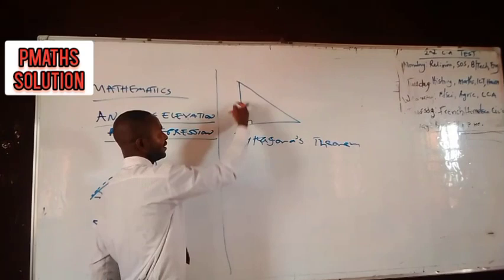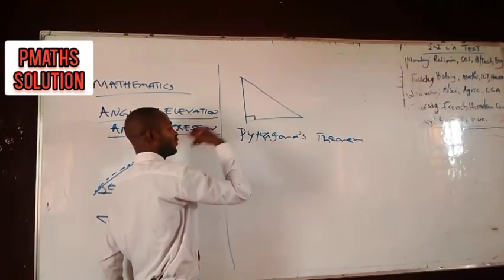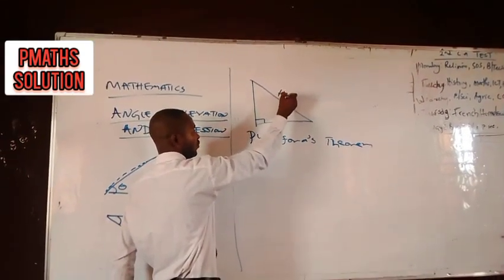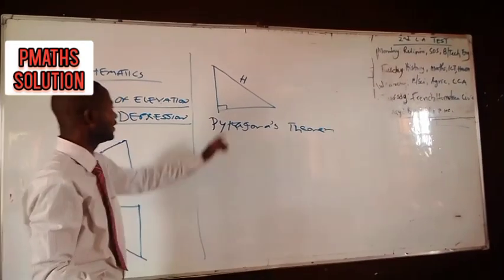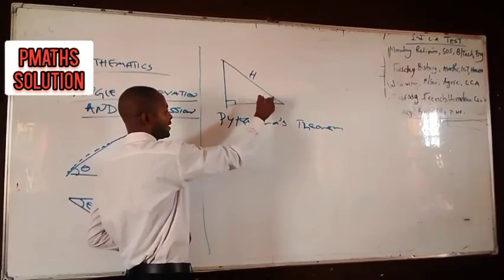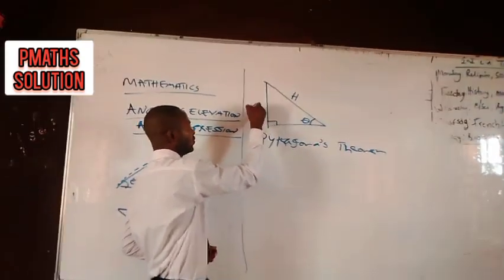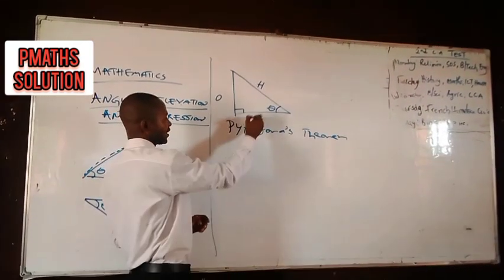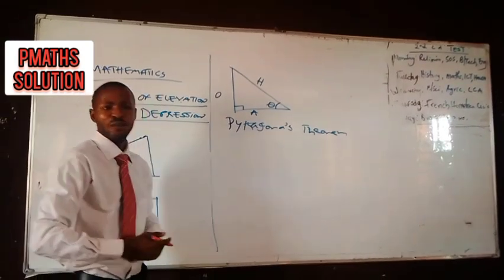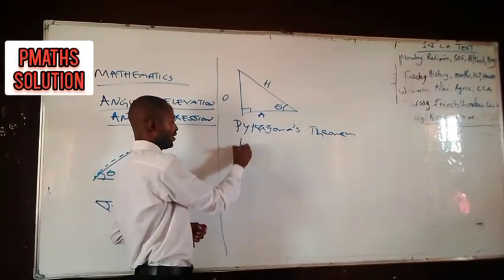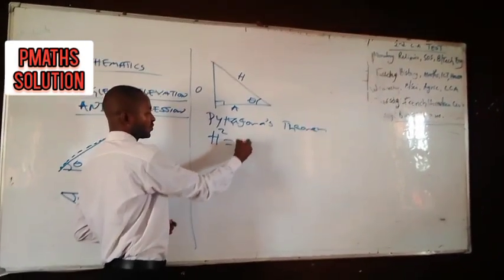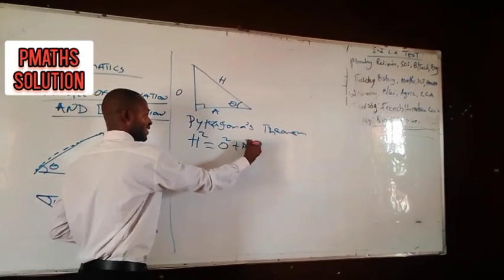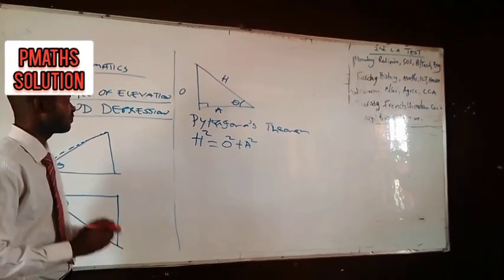The right angle triangle has the longest side called hypotenuse, then the side opposite the angle in question as opposite, and the third side, which is adjacent. Pythagoras theorem says that hypotenuse square is equal to opposite square plus adjacent square. That is the Pythagoras theorem.